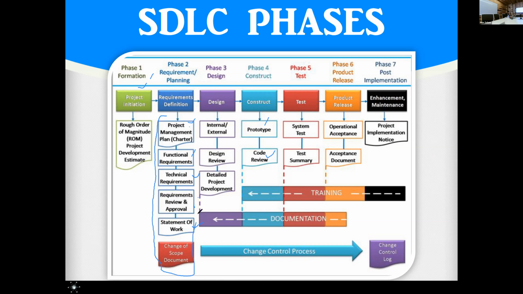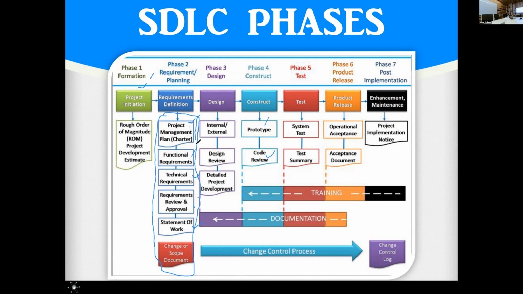Do you guys see? Just like we have our own life cycle, they have their own life cycle: project management plan, functional requirements, technical requirements, requirement review approval, statement of work, change of scope.